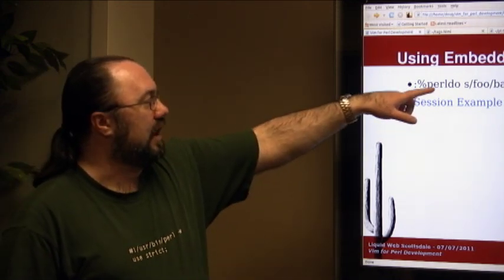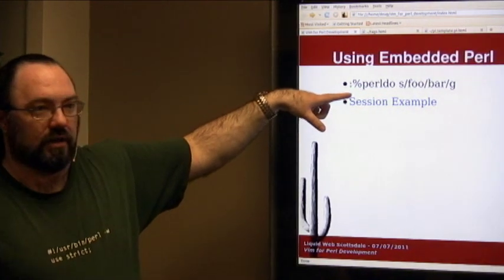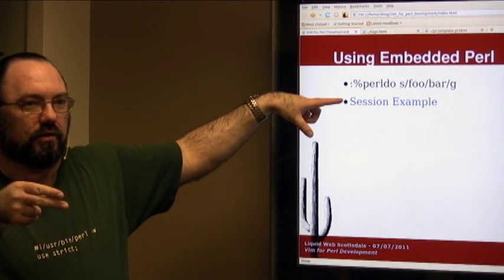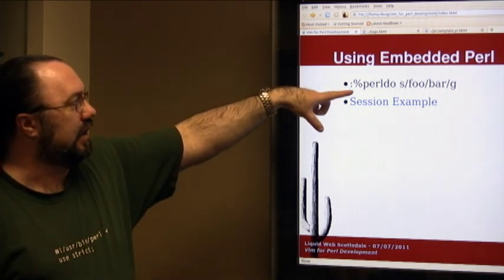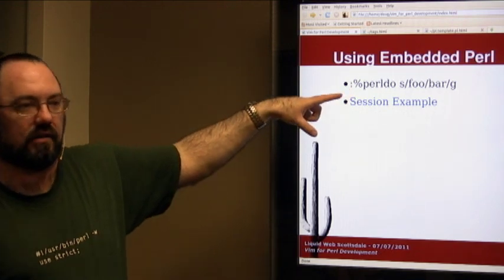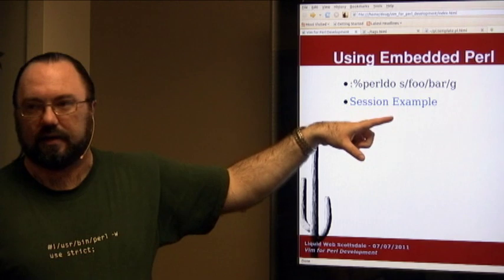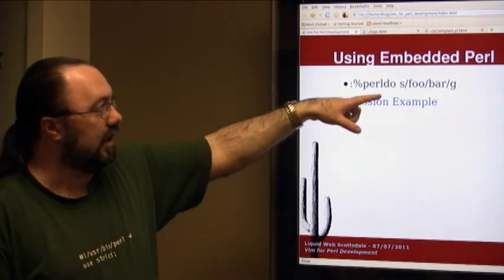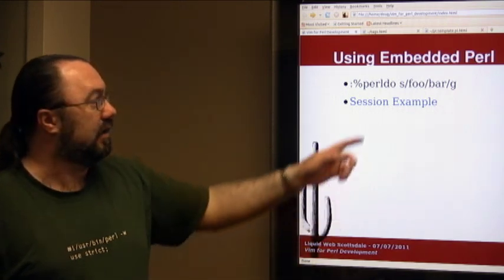So you've got the Perl Do command, and you remember the colon, I said you can put all kinds of different commands, and I can go back and show you that. You do %, which means every line in the file, and then you say Perl Do, because that means you want to do a Perl command, and then afterwards you just put in some kind of a Perl command.